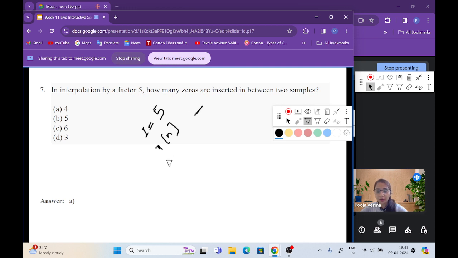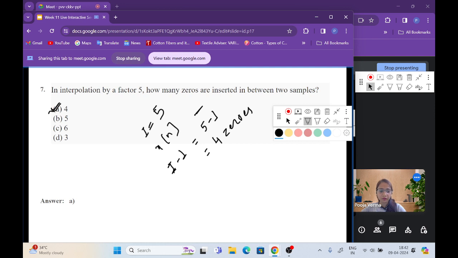So already we know I minus 1 zeros must be added in between the samples in an interpolation. I is given as 5, so 5 minus 1, that means 4 zeros are added between the two samples. So the correct option is option A, that is 4 zeros must be added between the two samples.